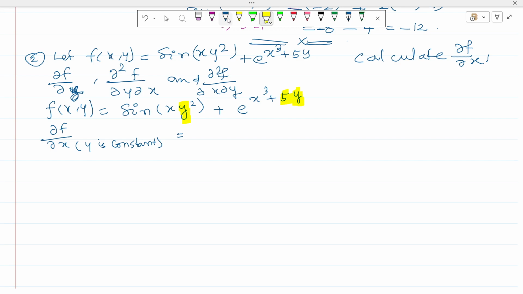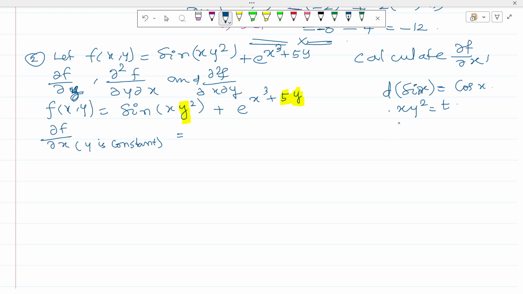So therefore we can write here sin of xy square. Differentiation of sin x is cos x, but we have to do it with the chain rule. That means for differentiation of sin xy square, keep xy square as t.